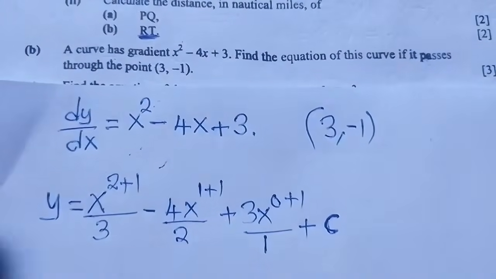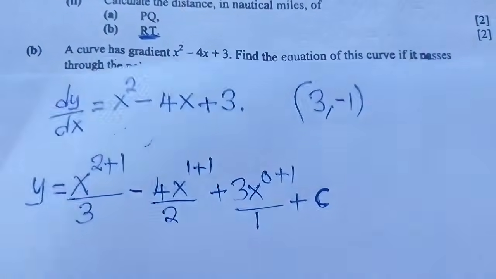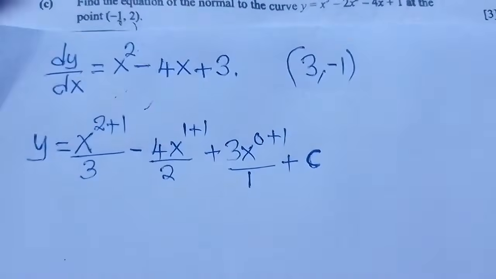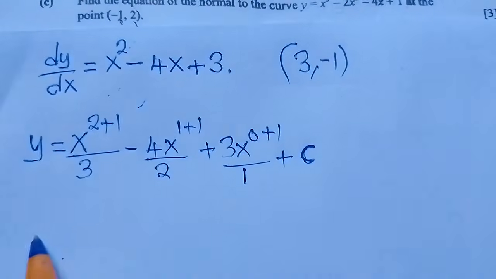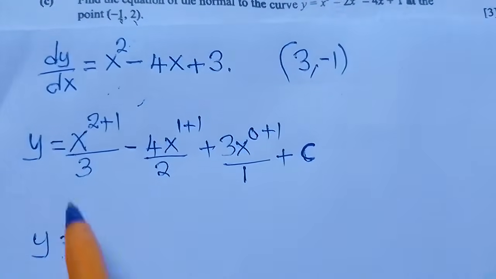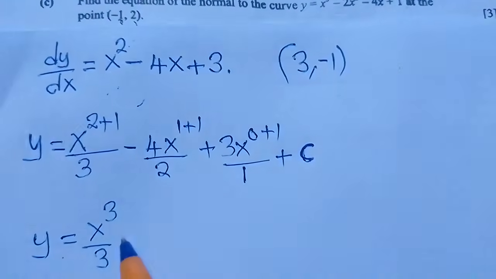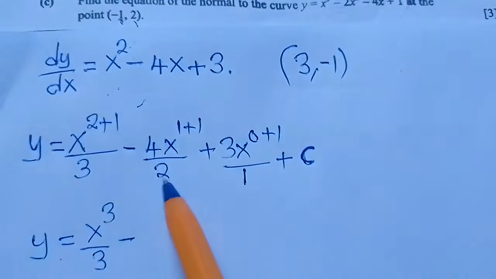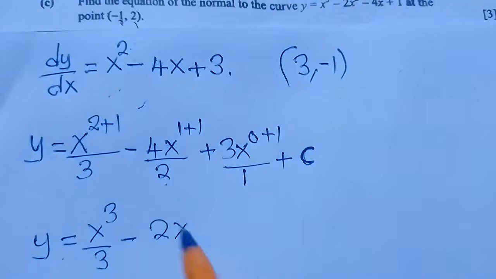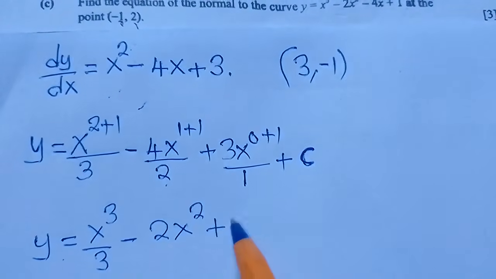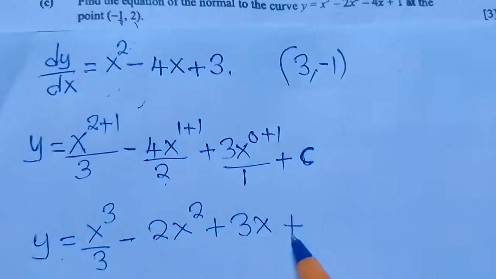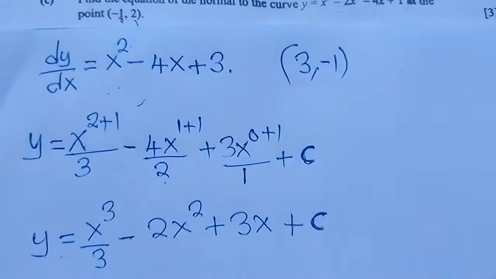So with this now, y is now equal to, what's your answer there? X cubed over 3 minus this into that is 2x squared plus 3x plus c. This is how you found this equation.